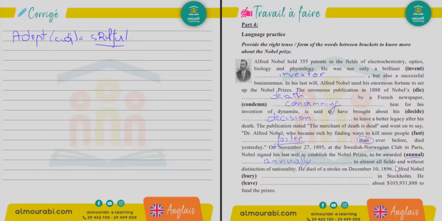He died of a stroke, a sudden blockage of blood, on December 10, 1896.